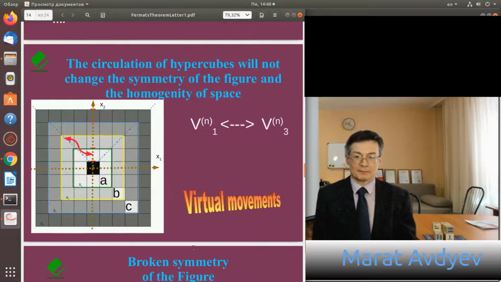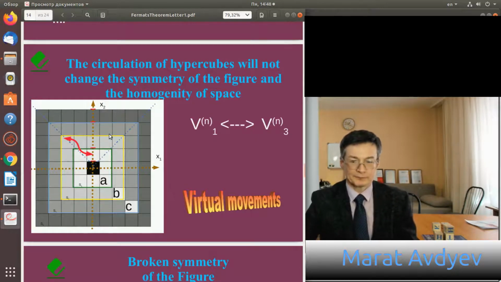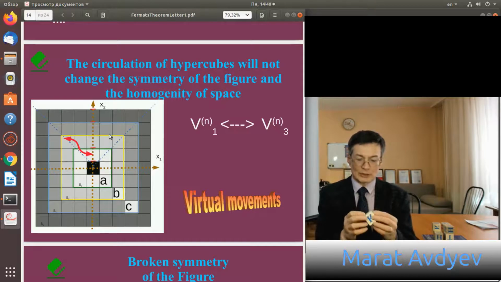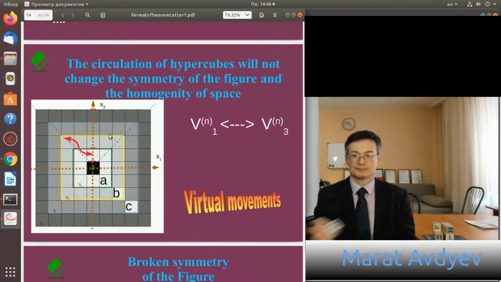Let us consider a cube. Here you are. The cube has a symmetric form. Each face of it is equal to another.